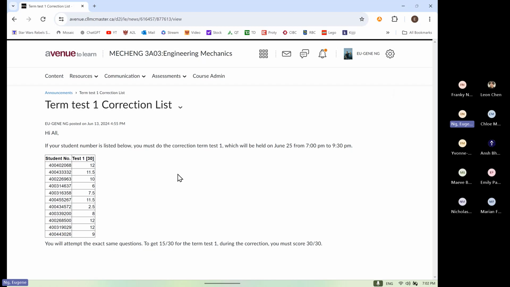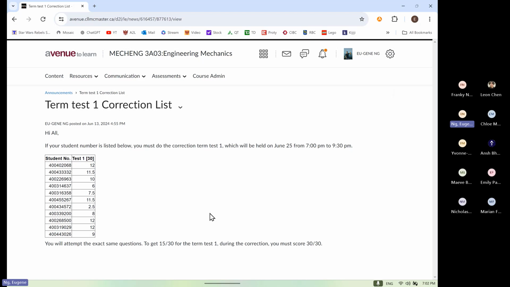to 9:30 p.m. So these are the students that have to do the correction, and you will do exactly the same question. In order to pass or get 15 out of 30, you must score 30 out of 30, so it's a correction. I.e., if in the correction you score 20 out of 30, you get 10 marks out of 30.